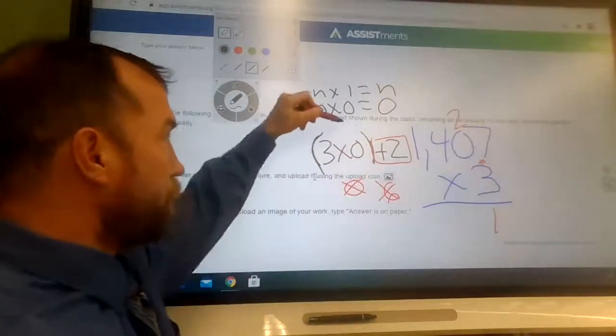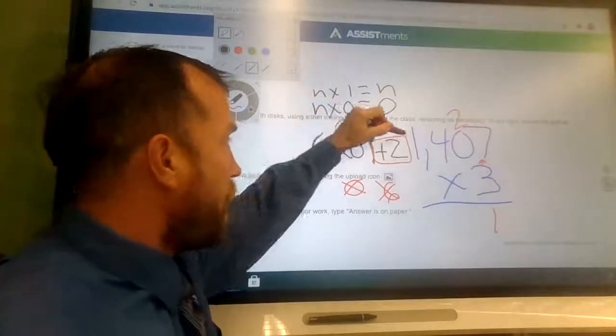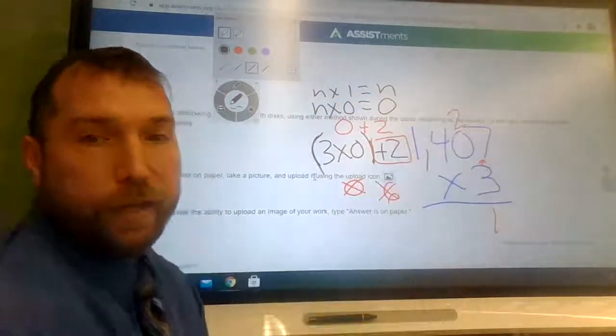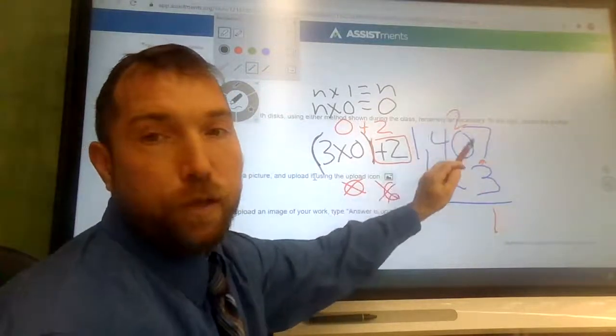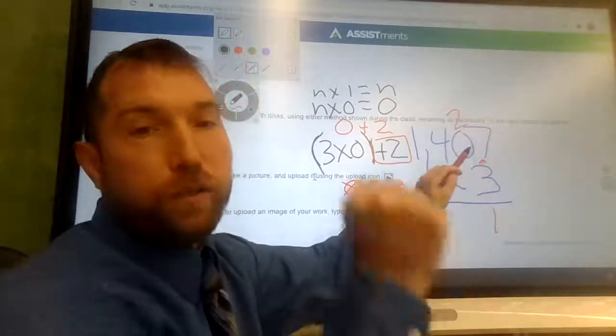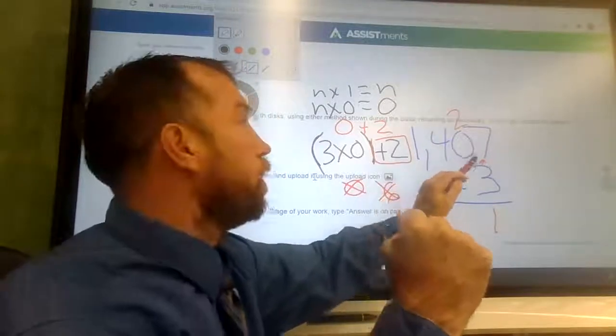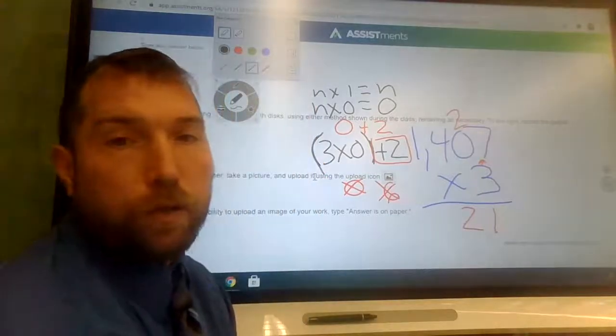3 times 0 is 0. Then I have to add the 2 that I carried back on. So this is not 3 times 2, even though the 2 is up here. You do 3 times 0 is 0. Then I add 2 back on to make 2. Okay?